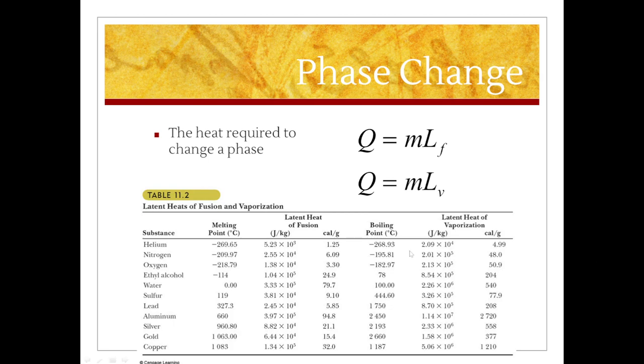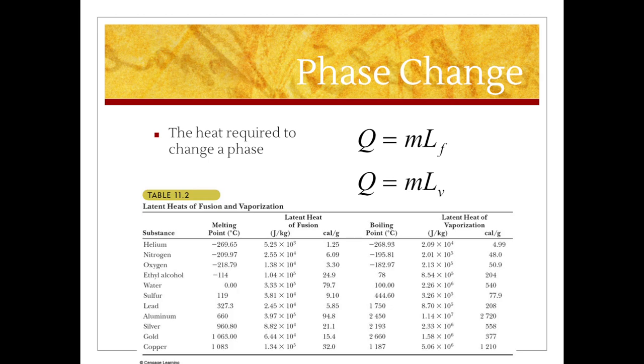So if we had liquid aluminum, and we wanted to evaporate it, we'd need to heat that liquid aluminum up to 2,450 degrees, and then we would have to add this much energy to 1 kilogram of molten aluminum to turn it into gaseous aluminum.